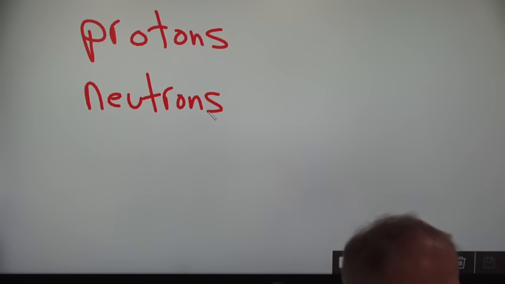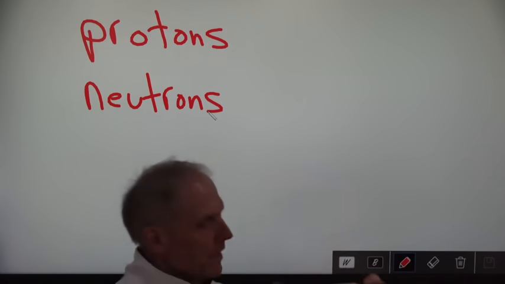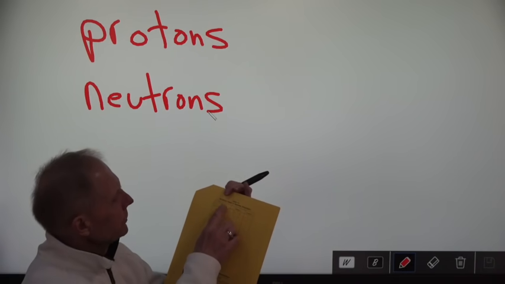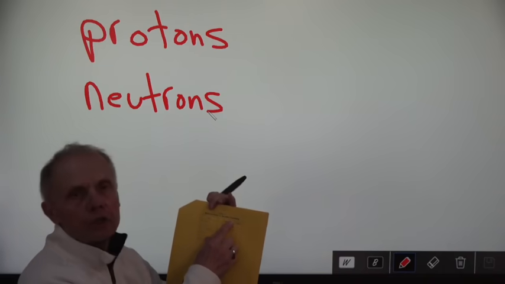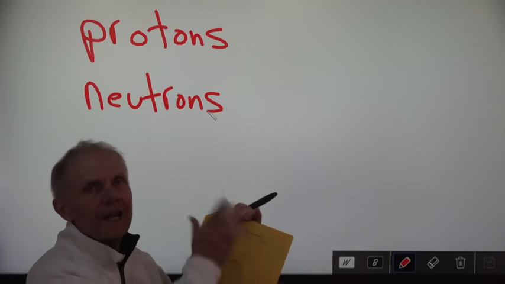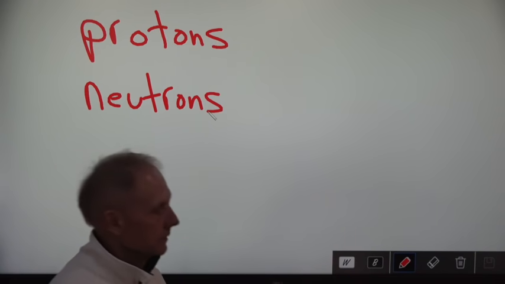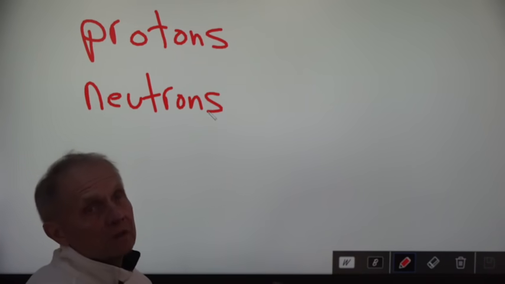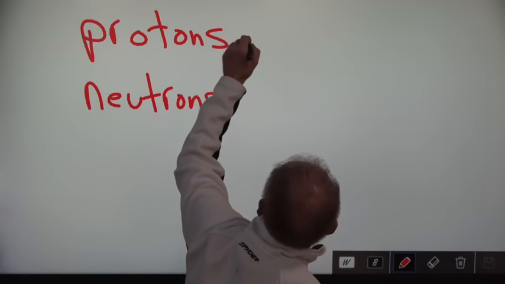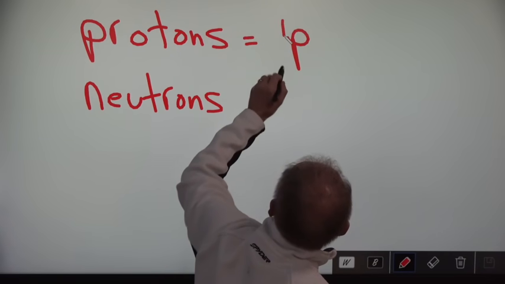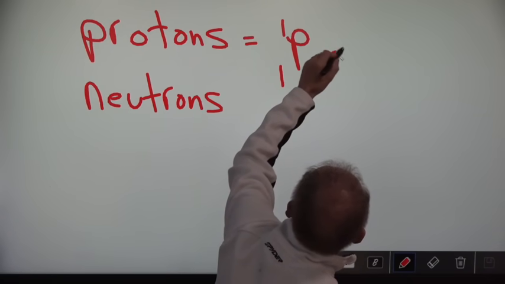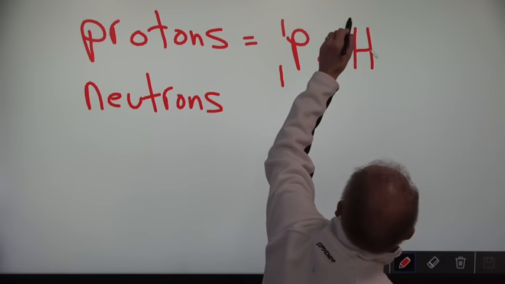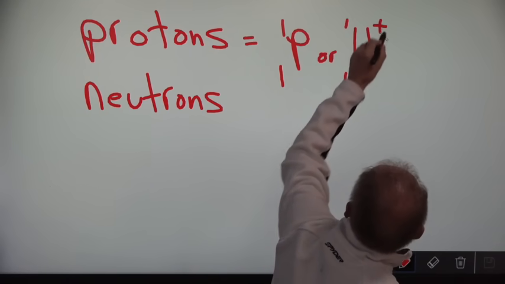Now, reference table O. In your reference table, it says symbols used in nuclear chemistry. It has these right on there. So for protons, it's this: P11 or H11 plus.